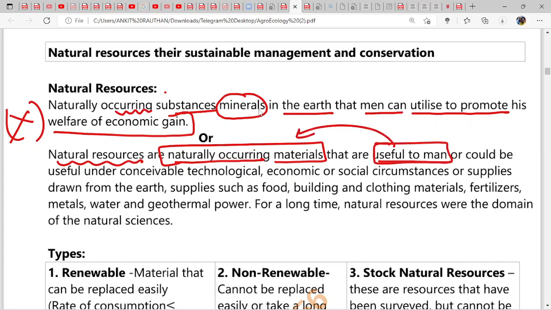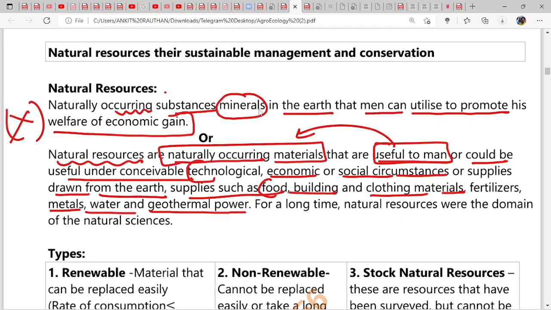There are various things present in nature, but do we know how to utilize everything? No. But we know something that can be useful for us under conceivable technological, economic, social circumstances, or supplies drawn from the earth. Supplies such as food, building and clothing materials, fertilizers, metals, water, geothermal power, anything, everything, right?